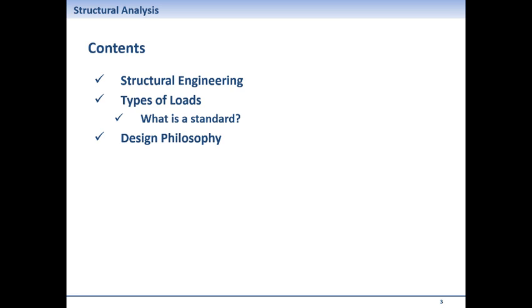And one of the things that they have probably talked to you about is that some of the materials are ductile, some of them are brittle. And iron is a good example of a brittle material. And brittle means that it can resist loads up to a point, and without any warning, it will suddenly collapse and fail.